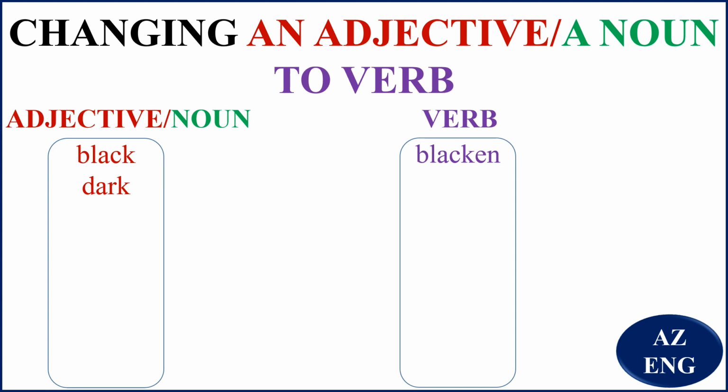So if you want to make it an action word, that is, if you want the darkness of something to increase, what do you say? Darken it. If we say that something darkens, we mean that the darkness in it increases.